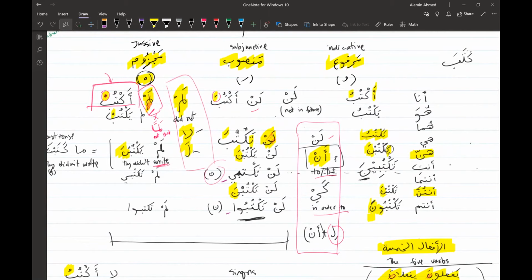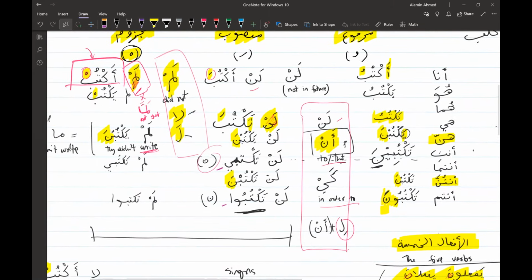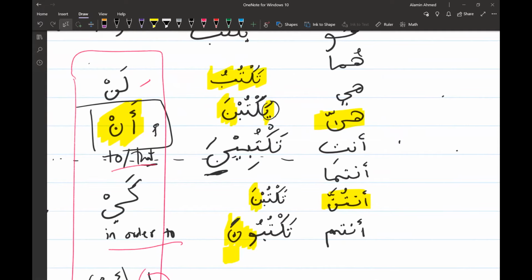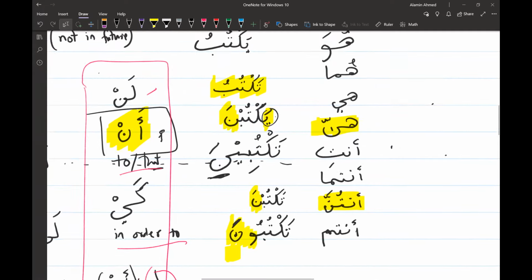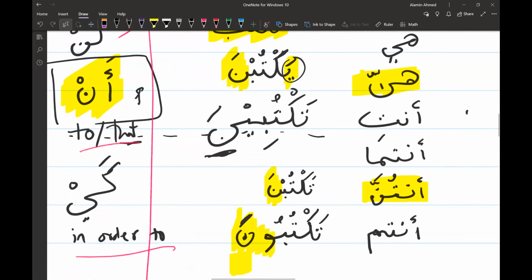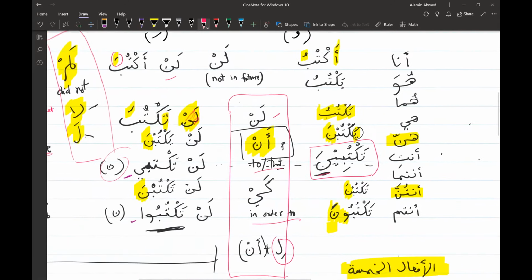First of all, you have to know what the marfu is. For anti, which verb are we doing? Taktub, right? You have taktubina. Remember this thing. This is a little bit difficult, right? It's not easy for beginners to understand. You have two additional letters here. Anti taktubina. Then in mansub, what happens?